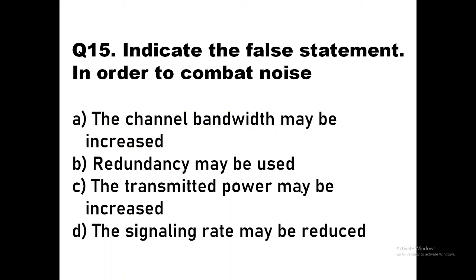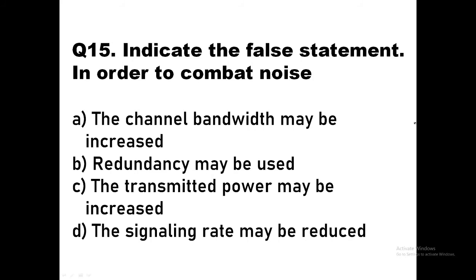Then we'll go to the next question, question number 15. Indicate the false statement in order to combat noise. Okay, so which of these four statements are false? Statement A, the channel bandwidth may be increased. B, redundancy may be used. C, the transmitted power may be increased, and D, the signaling rate may be reduced. The channel bandwidth may be increased is a wrong thing, because you cannot increase the channel bandwidth.